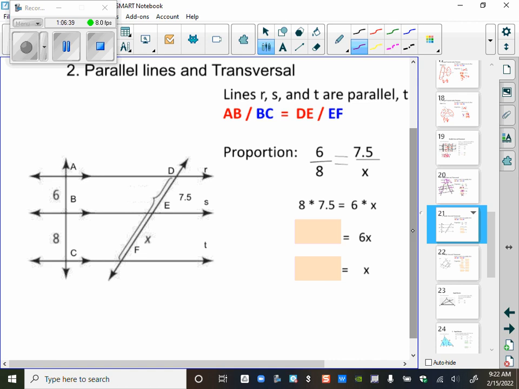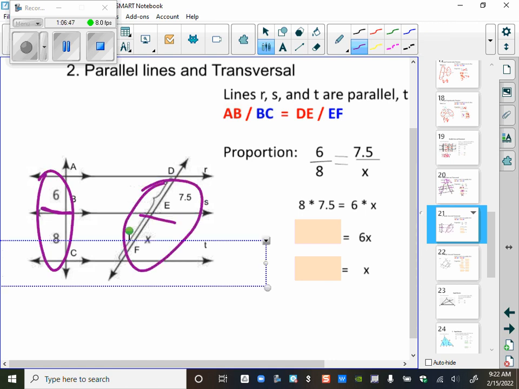I want you to try to find an X. Again, here you are. There you go. There's your setup. Solve for that X. I want you all to try this one. If you get it, raise your hand.